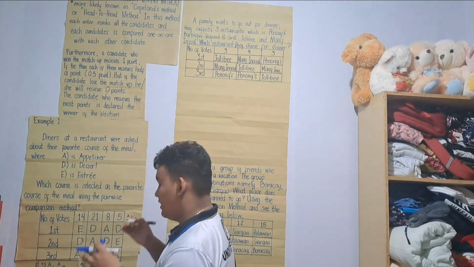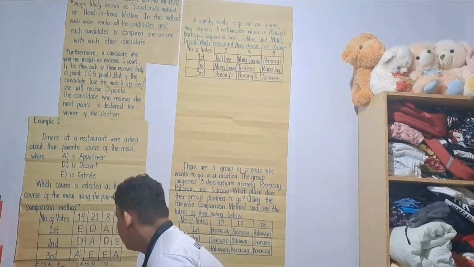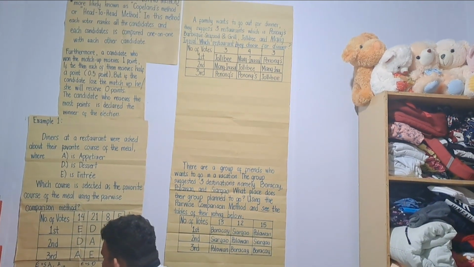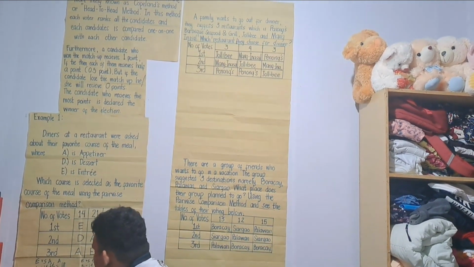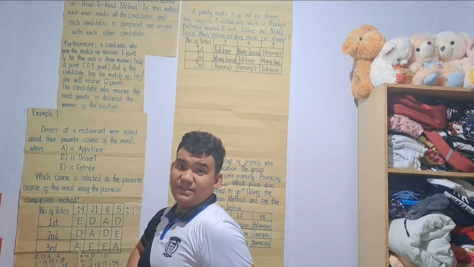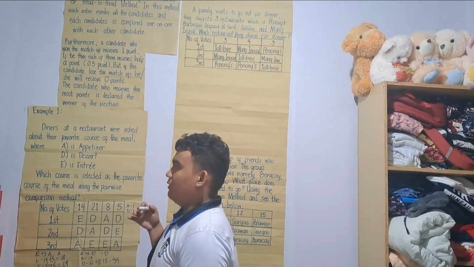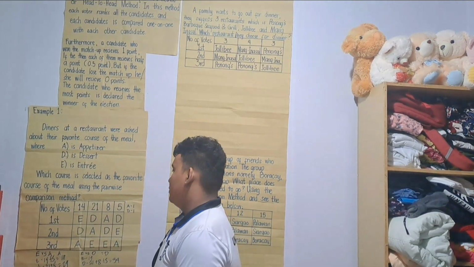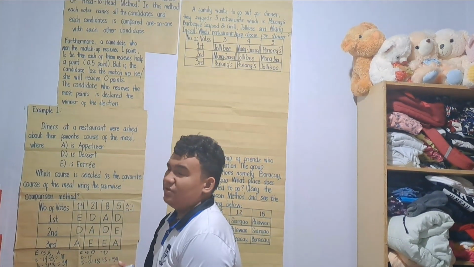In the final matchup, it is D versus A, dessert and appetizer. Same process again. We need to find the most preferable one in the matchup.